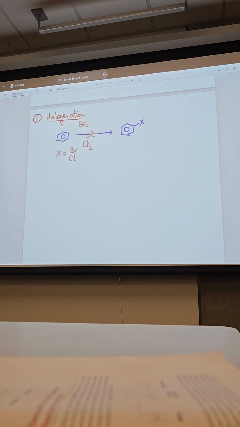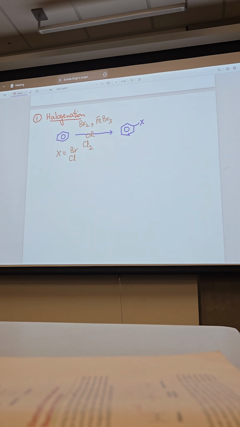Nothing will happen if you just took benzene with bromine or benzene with chlorine. Nothing is going to happen because this reaction also requires a Lewis acid catalyst. Without that catalyst, this reaction does not go. So, if you're doing bromination, the catalyst to be used is ferric bromide, iron 3 bromide.